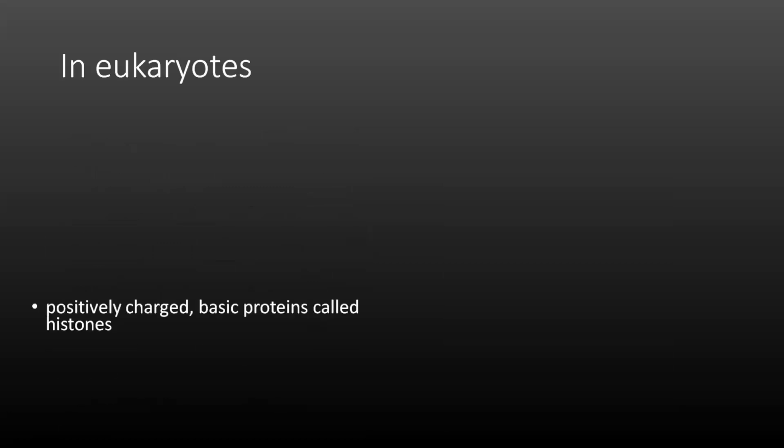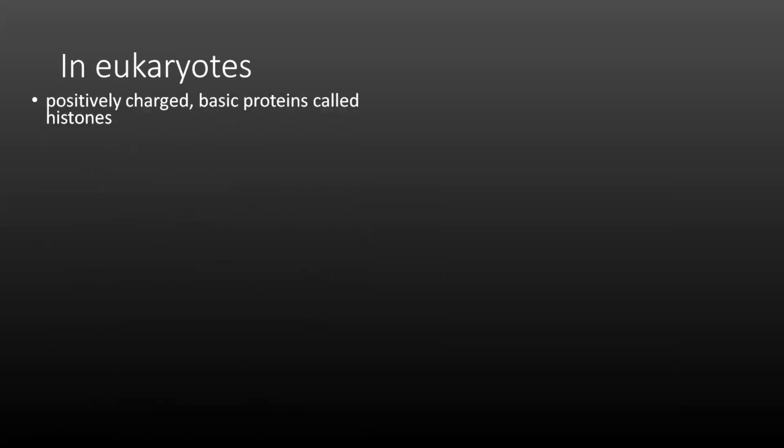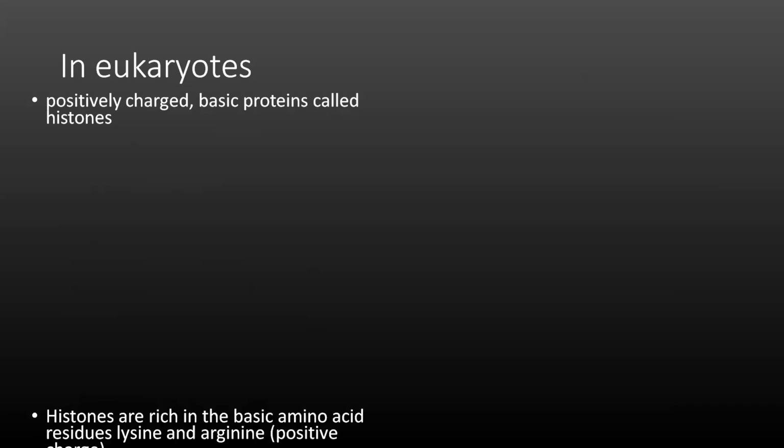Now this is important. In eukaryotes, there is a protein called histone. This is very important compared to the previous part. They directly ask, explain, draw a neat diagram of a histone octamer. So in eukaryotes, we have a positively charged basic protein called histone.